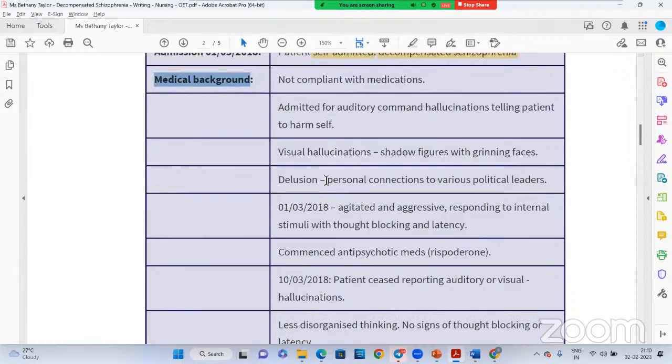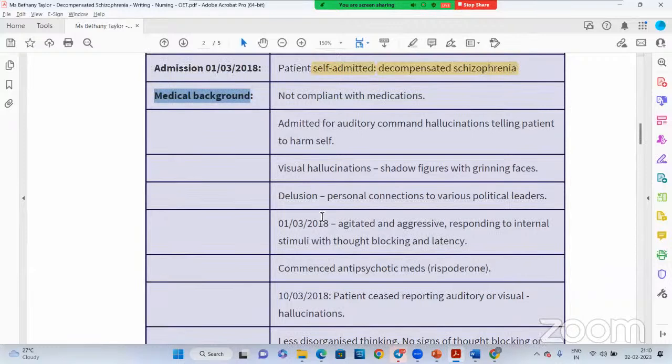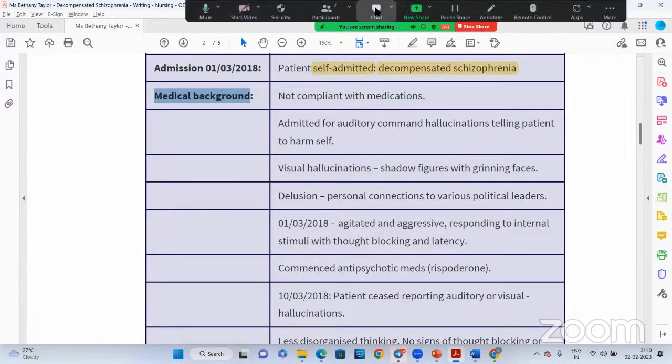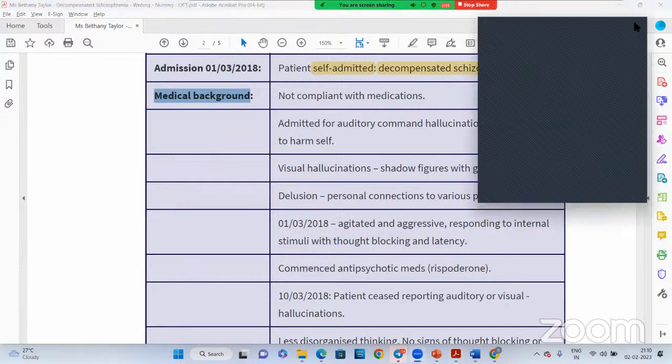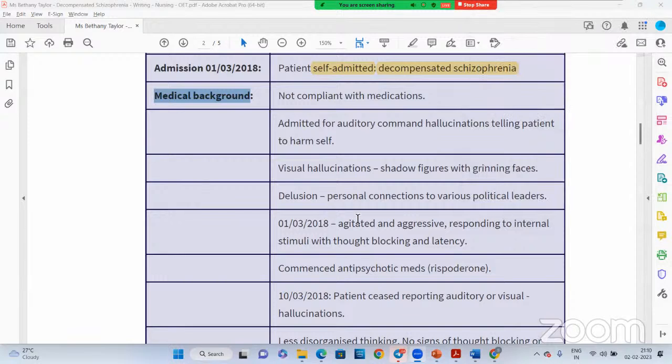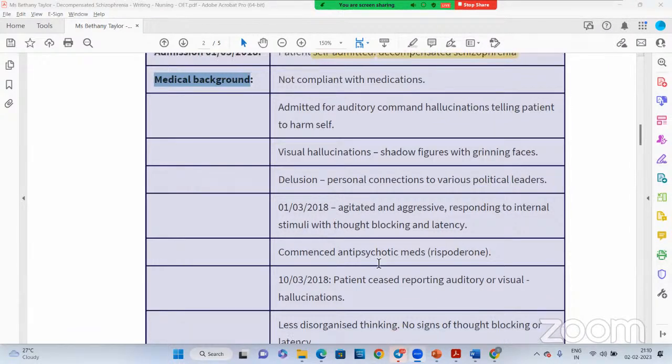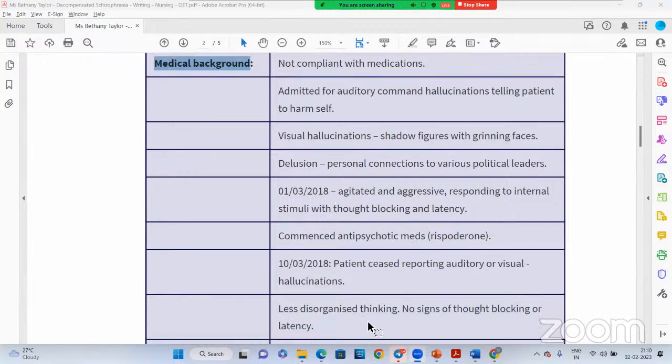Okay, medical background. What are the important things you notice here? Organization, I'm showing you now. Organization, many students came and left. Okay, what to do? So first one, you can see very clearly here: less disorganized thinking.